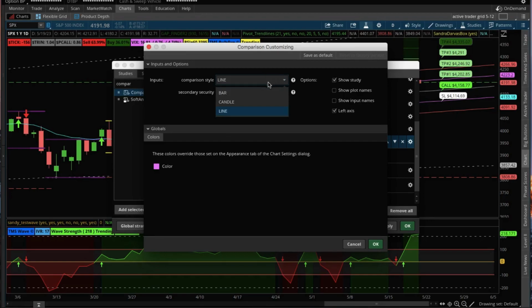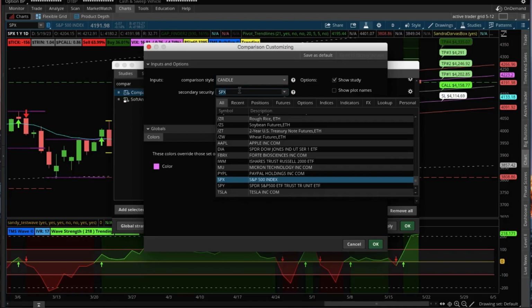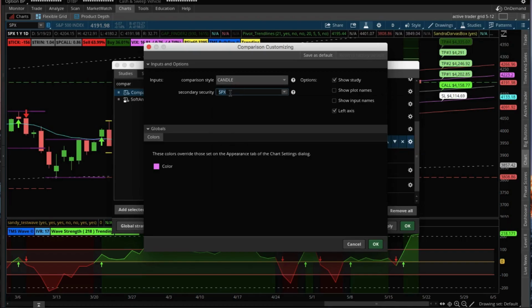So what I'm going to do is make this a candle. Because I already have SPX on my chart, as typically a lot of us do, what I'm going to put here is DXY. All right, and you can see DXY right here.